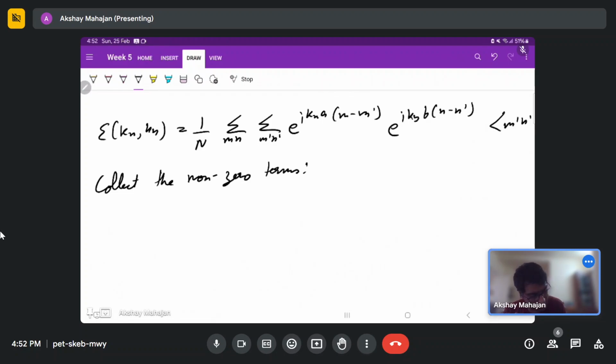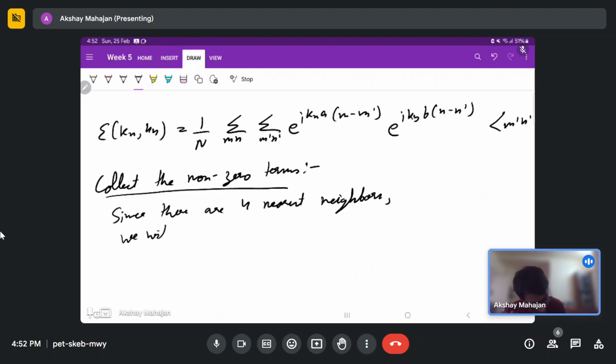Okay, again the same thing, since there are 4 nearest neighbors, we will have 5 non-zero terms.